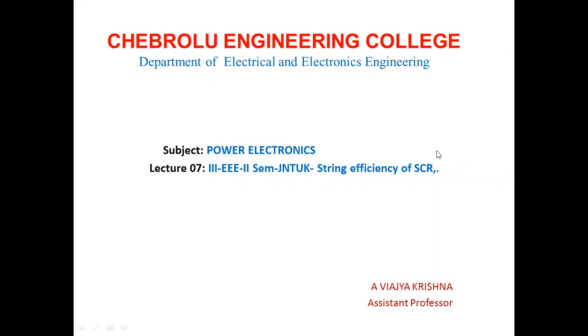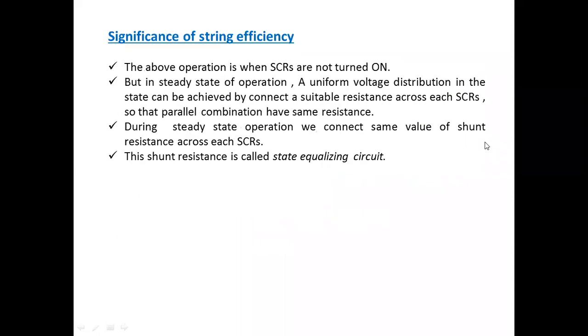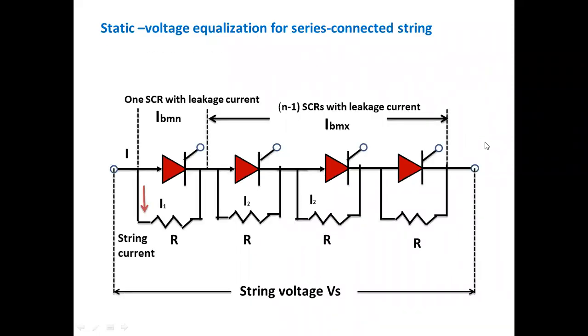That is, we design a common resistance value for the SCRs which are connected in series. Resistors are placed in parallel to the SCRs, as we observed in the previous session also. This is nothing but the equalizing circuit.